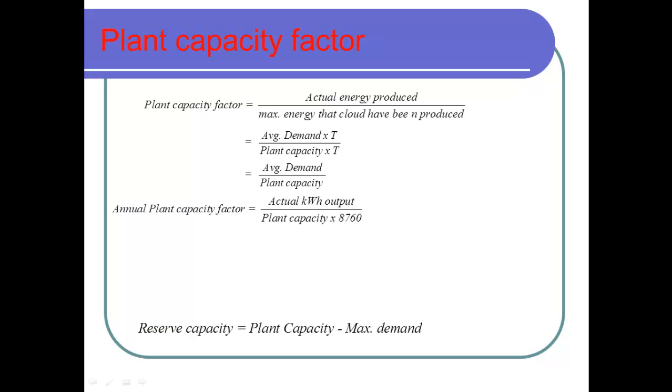It is the difference between the plant capacity and the maximum demand in that station. For example, take the same 100 megawatt generating station, and on a particular day it meets the maximum demand of 80 megawatt, then we can say the remaining 20 megawatt is in reserve.